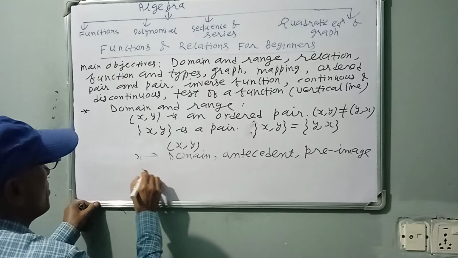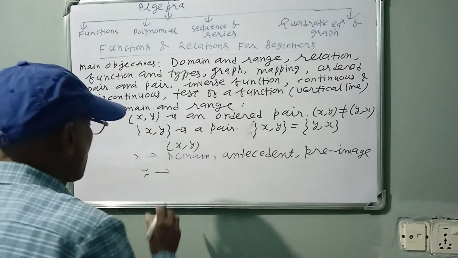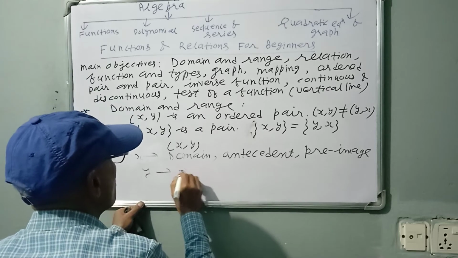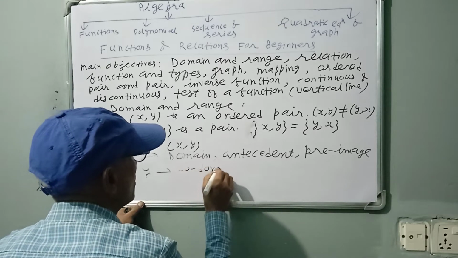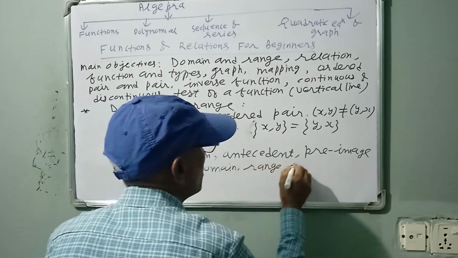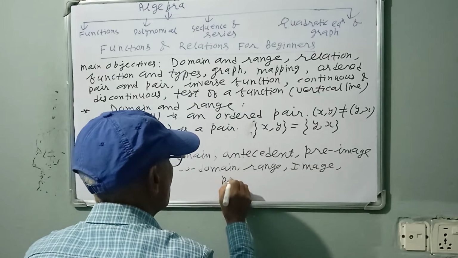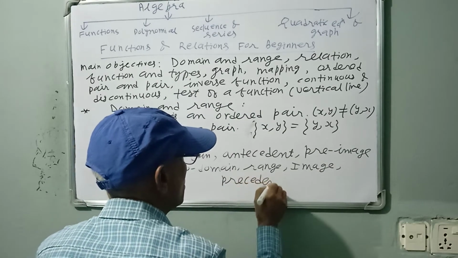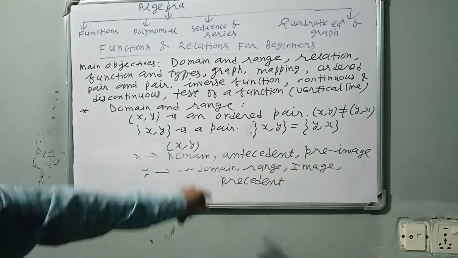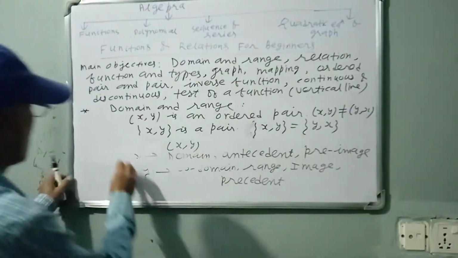The second element y is called codomain, range, image, or precedent. It is precedent, not president.